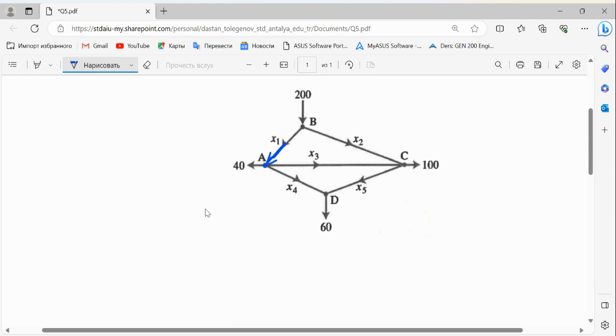So let's even write junction, flow in and flow out. Right now we are looking at the A junction.